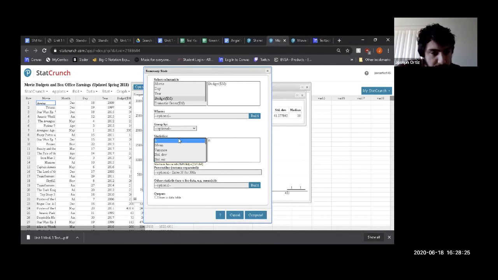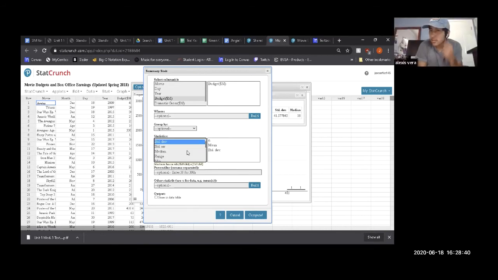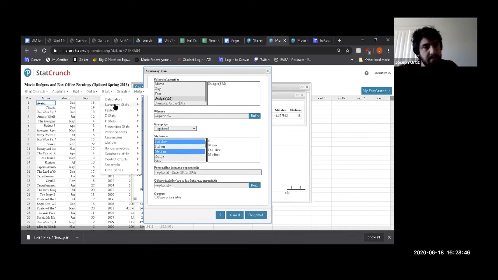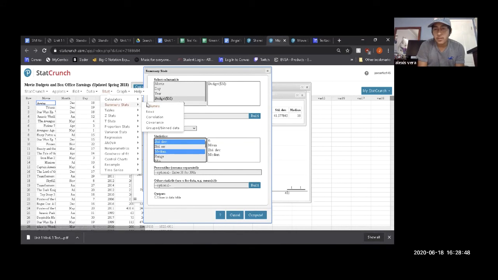I hold control down, click mean, standard deviation, and then scroll down and look for whatever else I'm looking for. To get there, you went to Data, right? To Stats. Okay. Summary Stats. All right. And then Columns. All right, thank you.